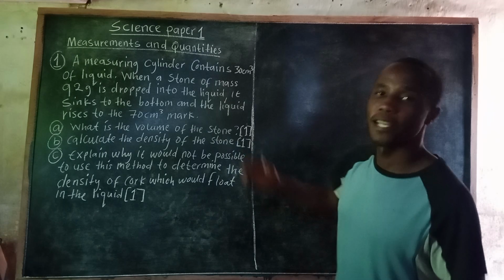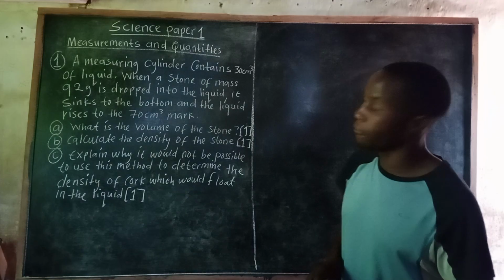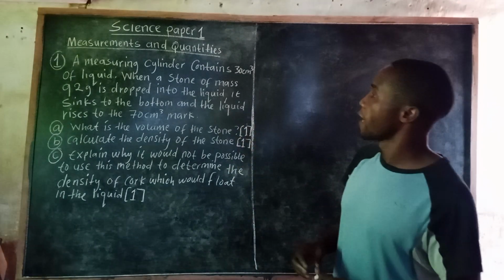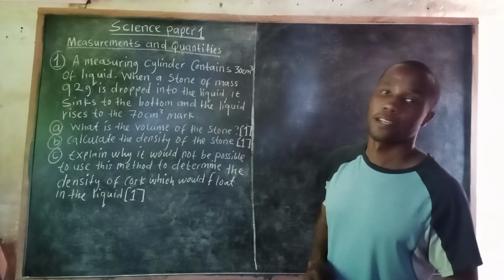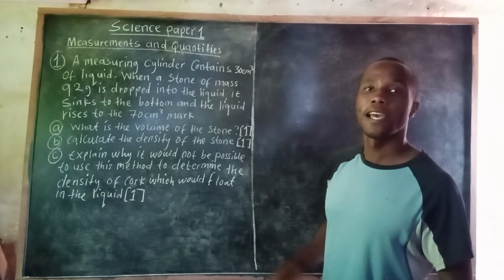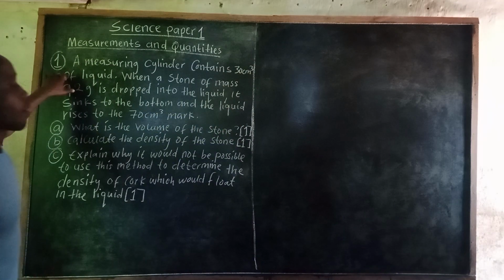Okay, so quickly let me run you through the questions that we have and see how we can best answer these questions. Pay particular attention so that you can understand everything. Okay, so question number 1.